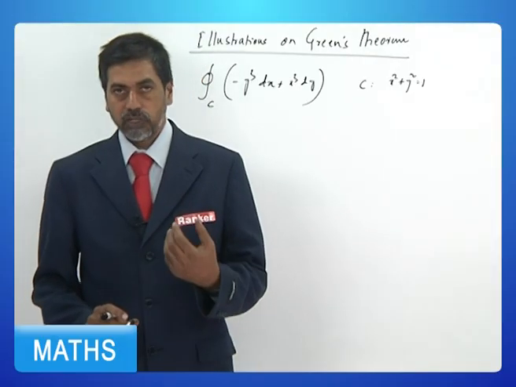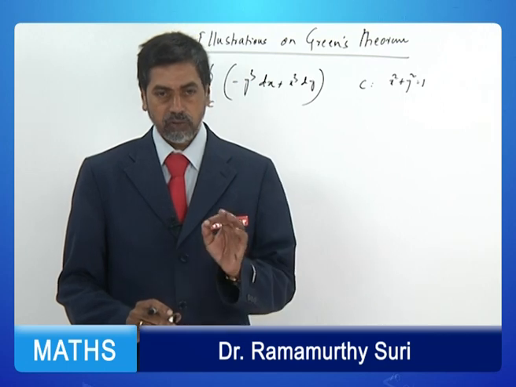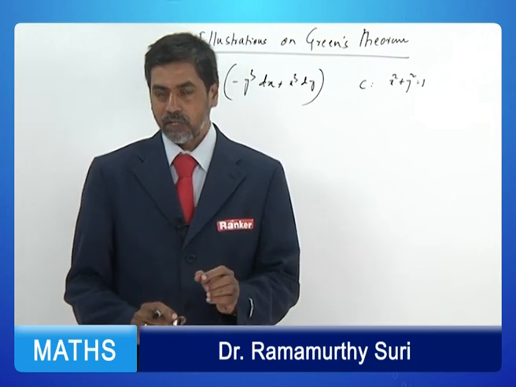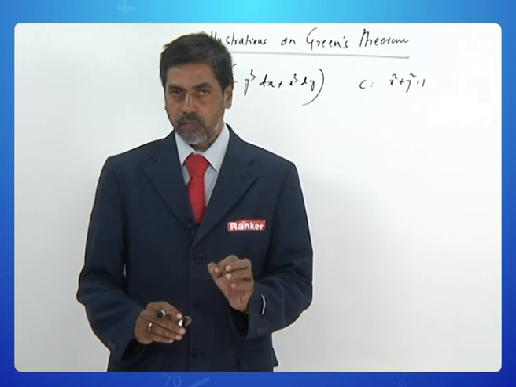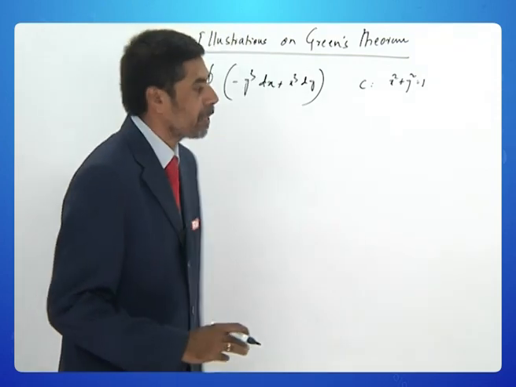Now first we'll convert this into a double integral using Green's theorem, and then you'll realize you require polar coordinates to evaluate the double integral. So that is why this problem has been selected.